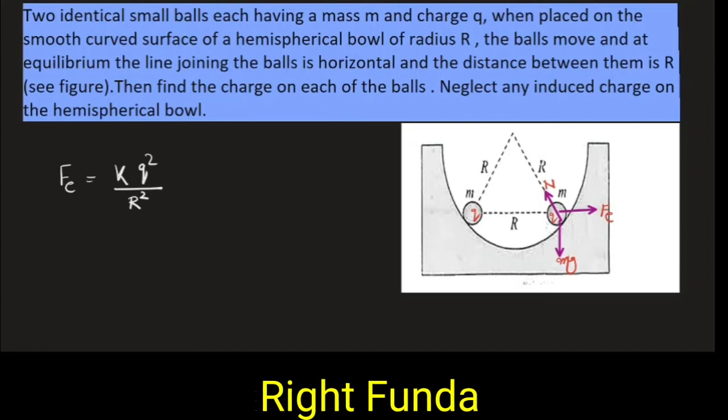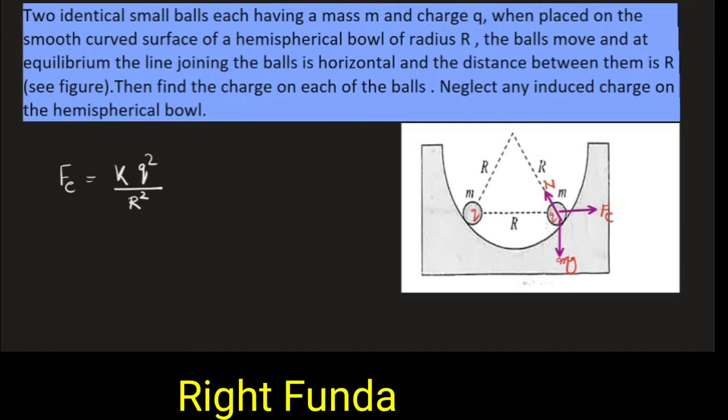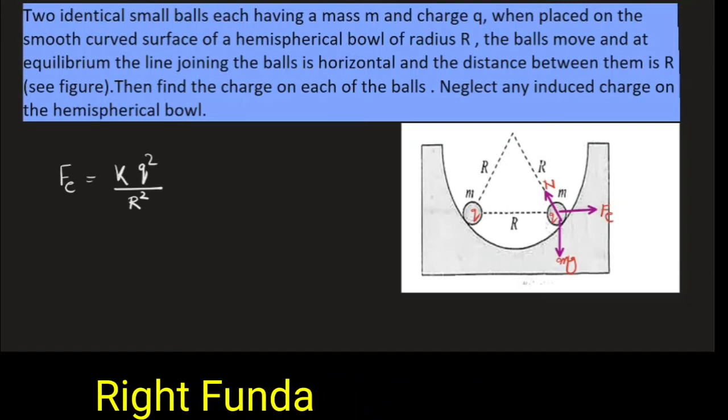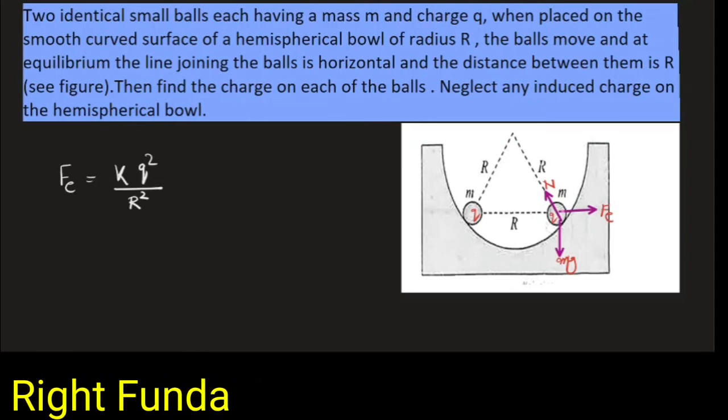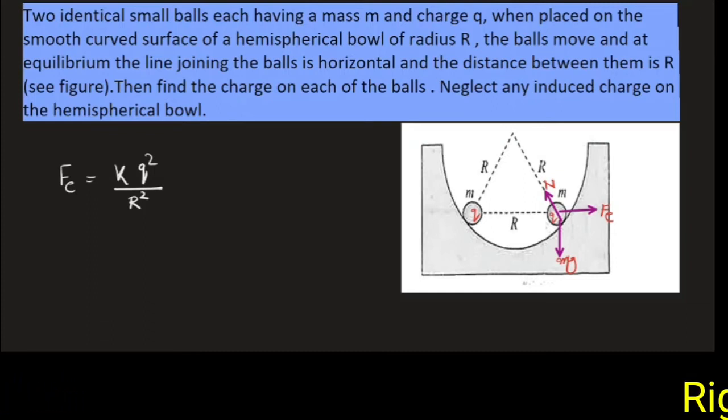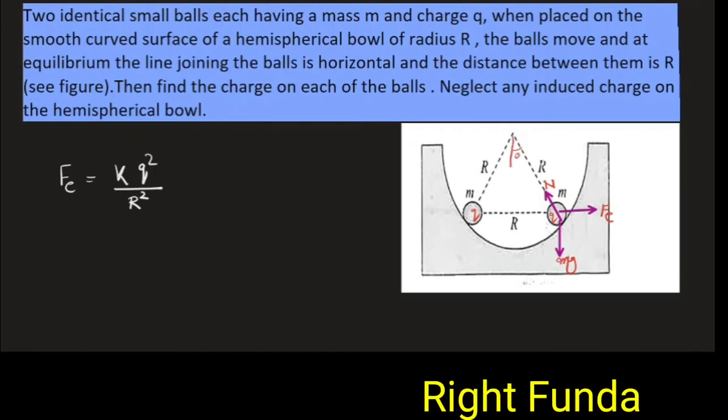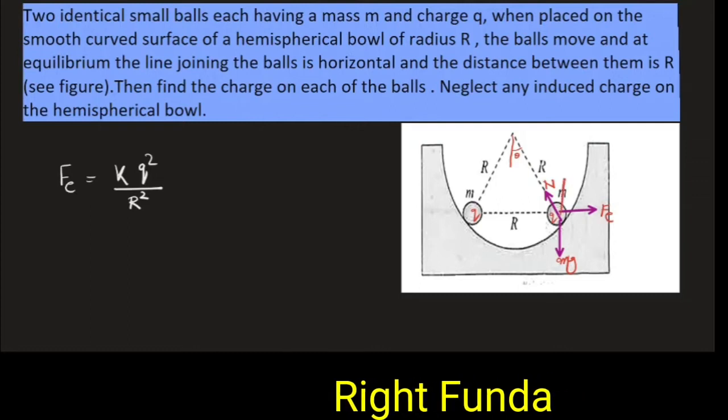Now this is the equilibrium position. If this is the equilibrium position, then the net force must be equal to 0. So I can resolve N into two components, mg sine theta and mg cos theta, and equate them, or I can apply Lami's theorem too. Here, if this angle is theta, this angle will also be theta.